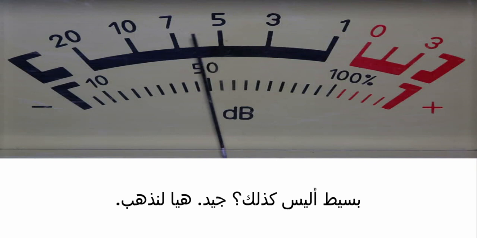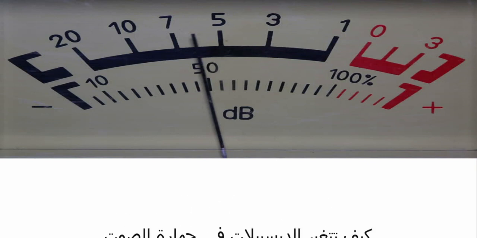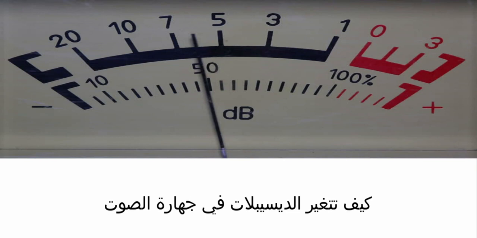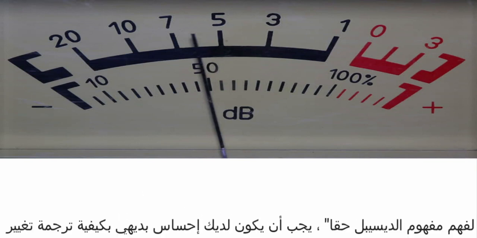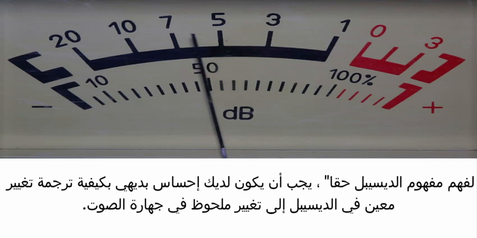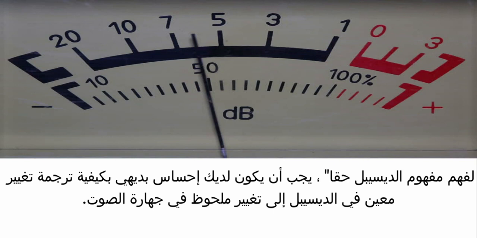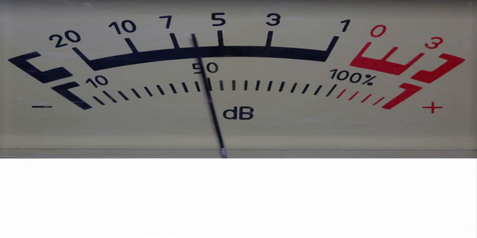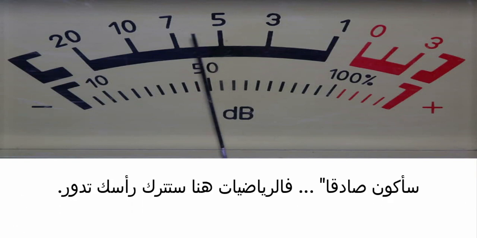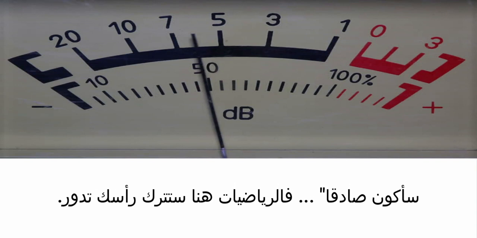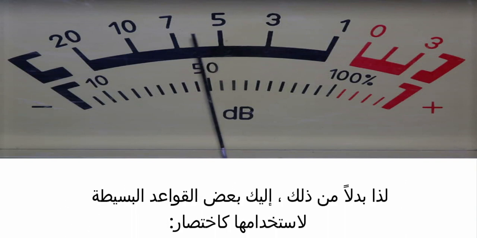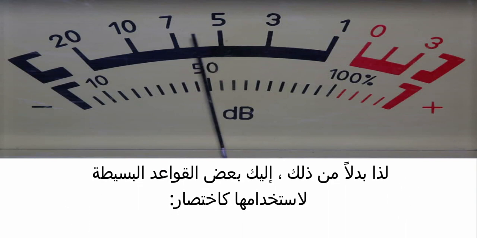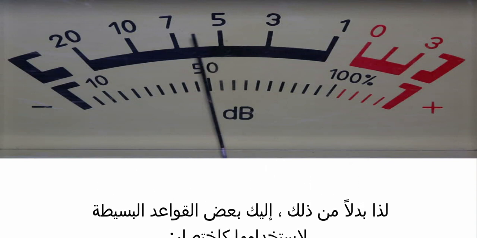Good. Let's move on. How decibels alter perceived loudness. To truly grasp the concept of decibels, you need to have an intuitive sense of how a specific change in decibels translates to a perceived change in loudness. I'll be honest. The math here will leave your head spinning. So instead, here are some simple rules of thumb to use as a shortcut.